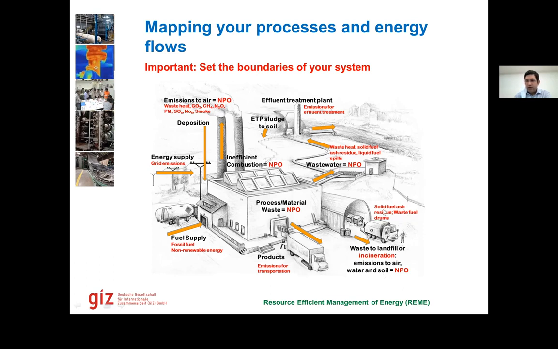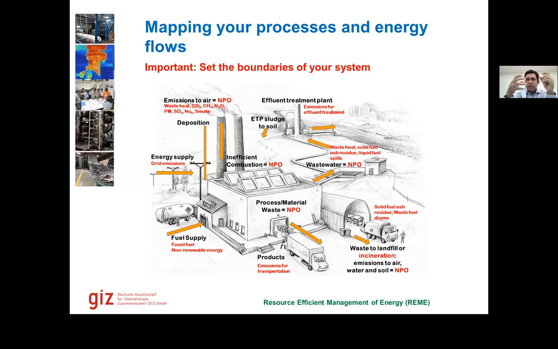We might also have solid fuel ash residue going there, or waste fuel drums which might have some fuel accumulated. Then we have a wastewater flow where we might have waste heat going with the wastewater, if we are not doing waste heat recovery. The solid fuel ash residues might also be going there, because, for example, we have a boiler where we are burning coal, and then we have a wet scrubber.